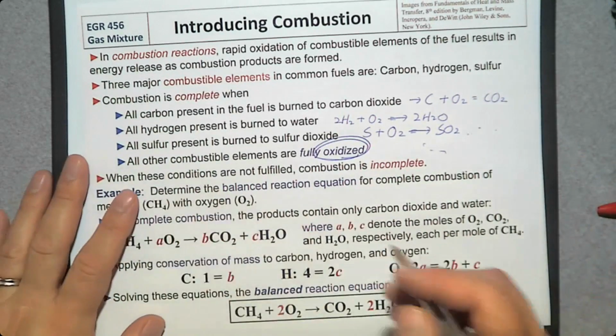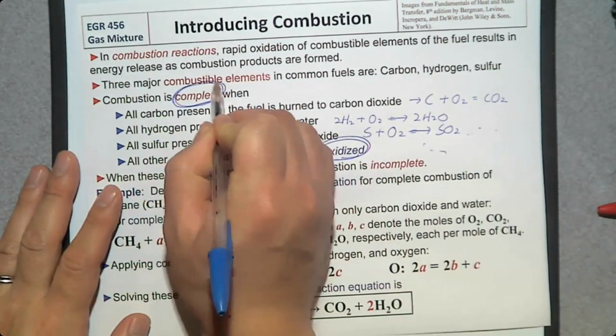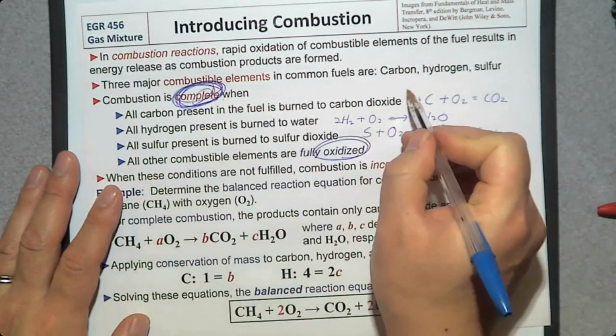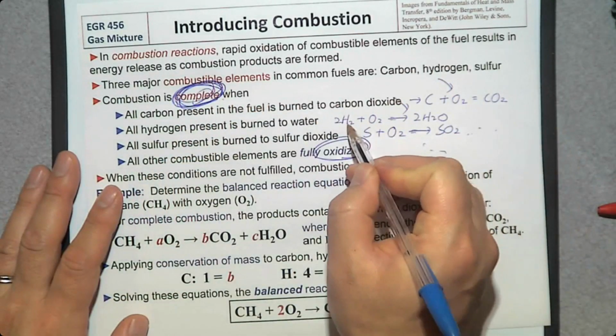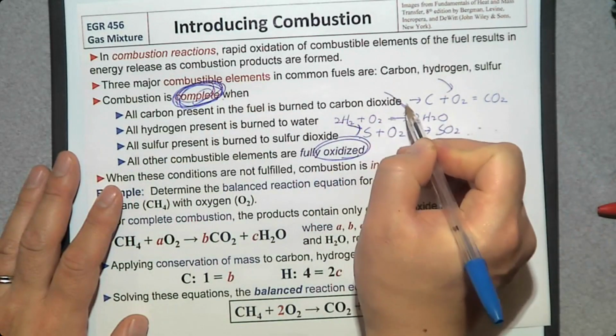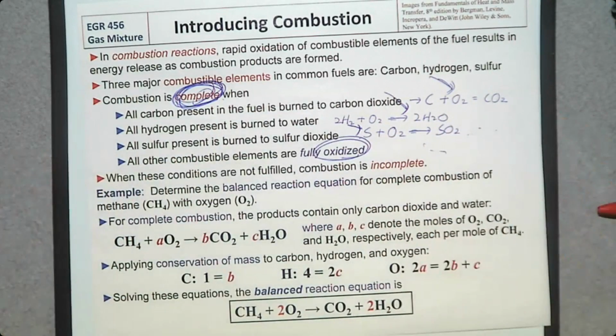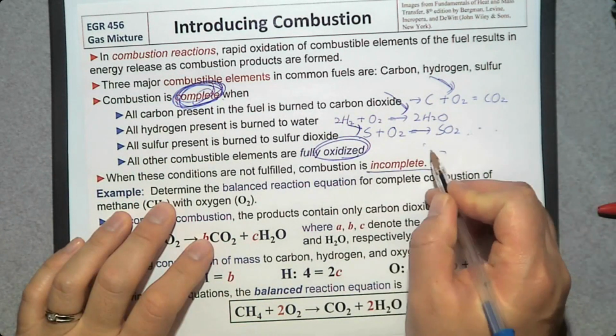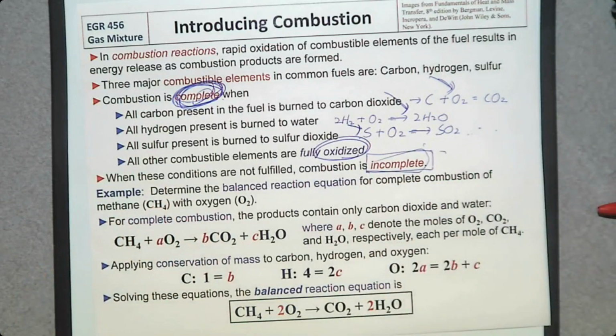So to make it complete, this is how the chemicals are oxidized. And if you have a smaller number, instead of SO2, you get SO. Instead of CO2, you get CO. That means it is incomplete. Then how can we study this process?